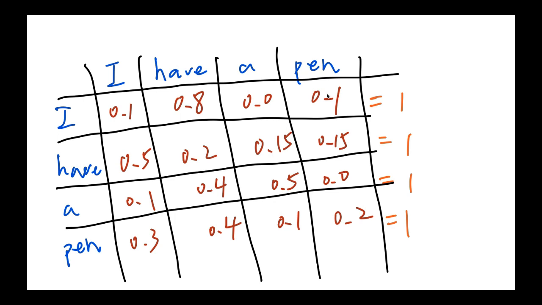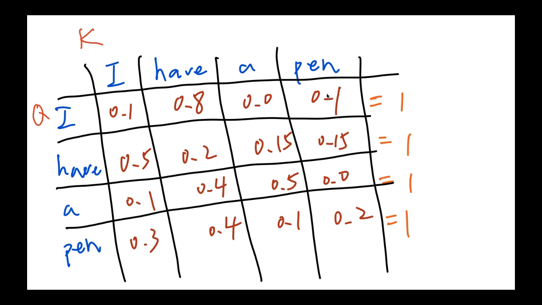So I will take this as an example. Let's say we have the input, I have a pen. Then you need to calculate the key value compatibility, right? So, no, sorry. You need to calculate the key and the query compatibility. And your key and query all are yourself. So it's all this sequence, I have a pen.